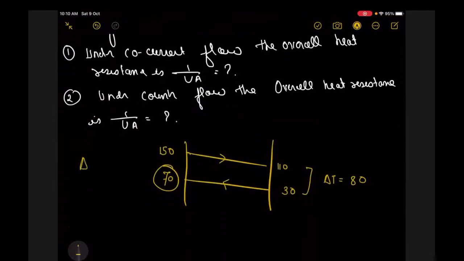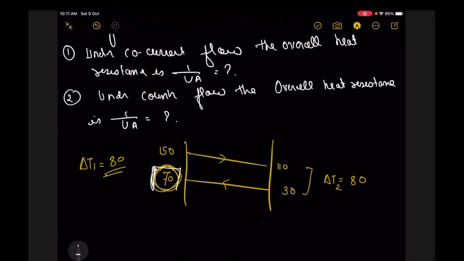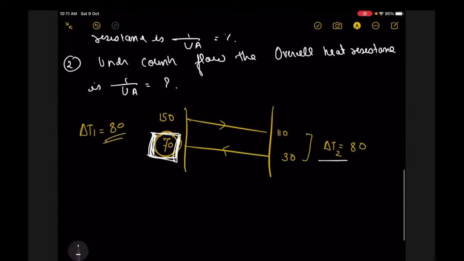So to make the delta T1 equals to this delta T2 80, this should be 70. Okay, this value should be 70. So this we have calculated. How? Because we know that when MCP1 is MCP2 in counter current, delta T1 is equals to delta T2.